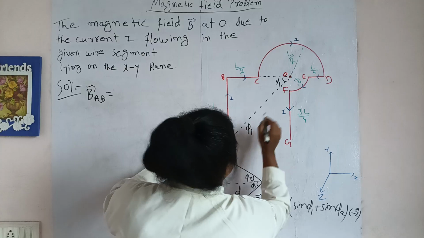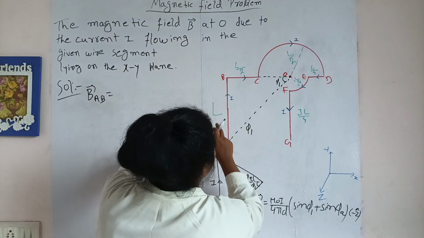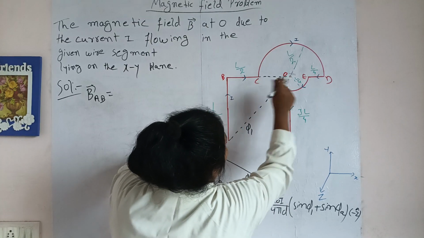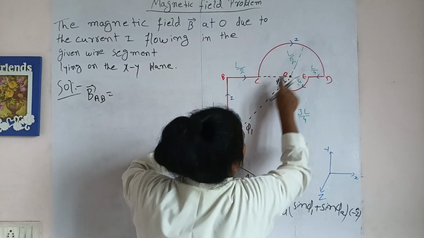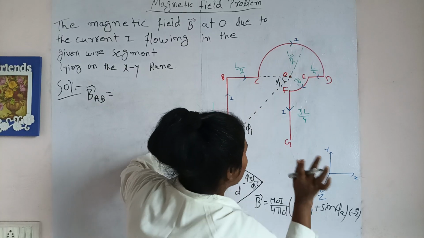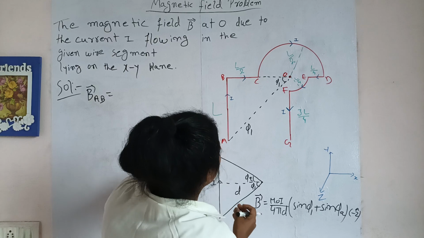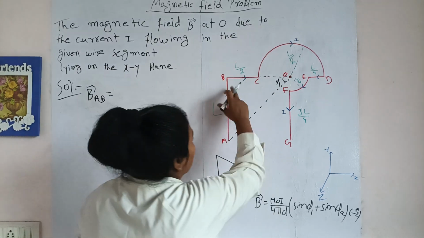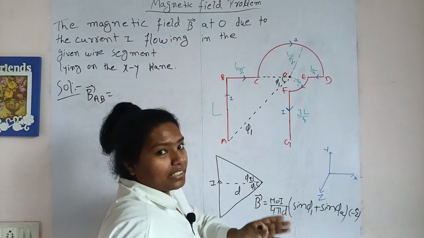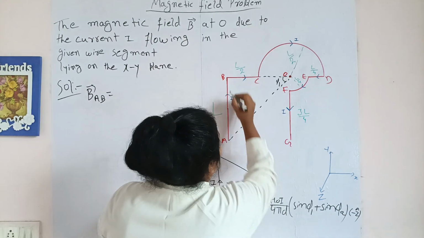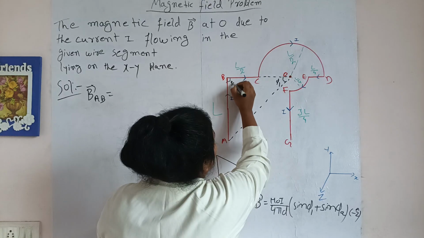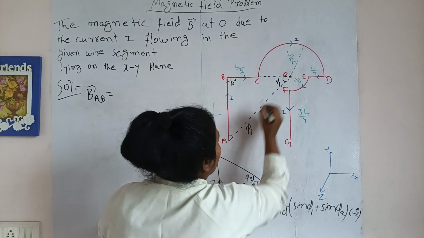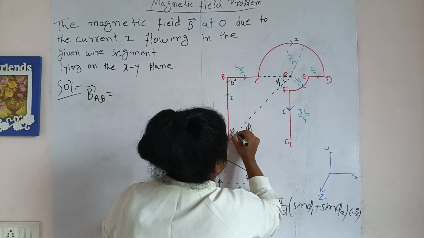From here to here it's L, so this is L by 2 and this radius is also L by 2, which makes CO also L by 2. That means AB is L and BO is also L. So this becomes an isosceles triangle with two sides equal, and since this is 90 degrees, this will be 45 and this will be 45.